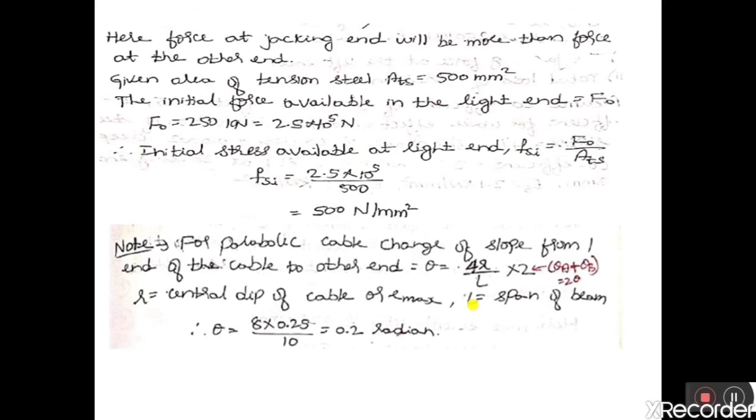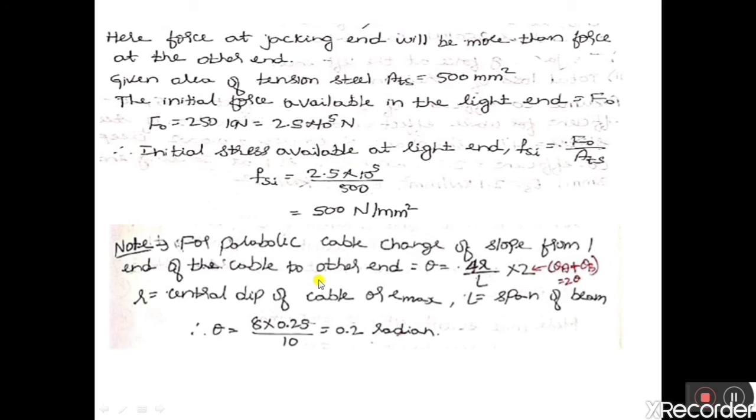So here the cable is pulled from one end, therefore theta is equal to 2 into slope. Theta is equal to 2 into slope, whereas slope is equal to 4r by L, where r is the central dip, that is 250 millimeter. So theta is equal to slope into 2.